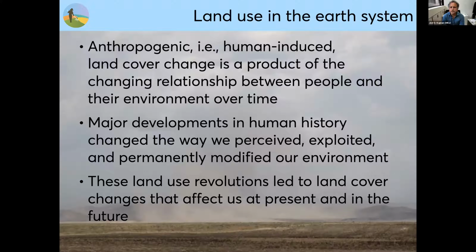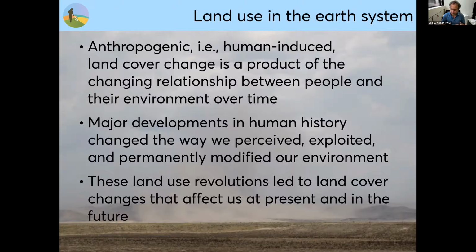When humans change land cover through their land use, the way that they change their land cover is a product not only of the environmental conditions that exist at a particular time, but also about the livelihood that people had at that time.